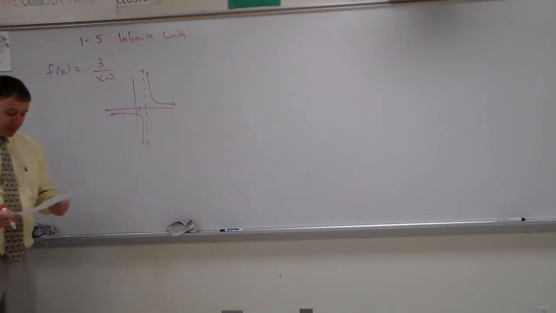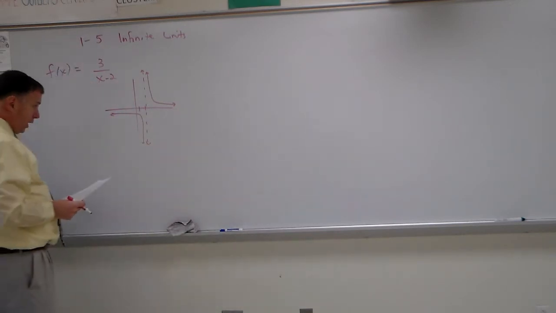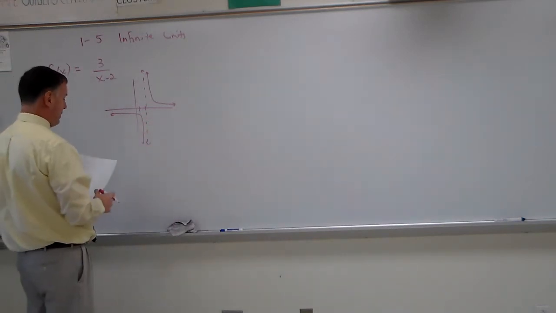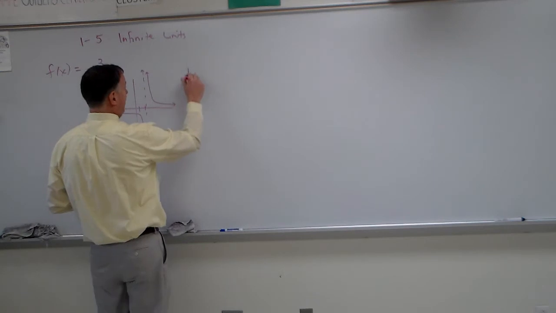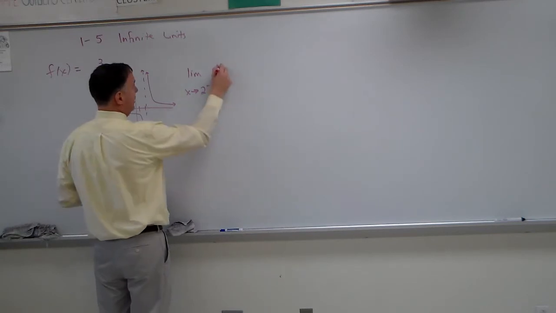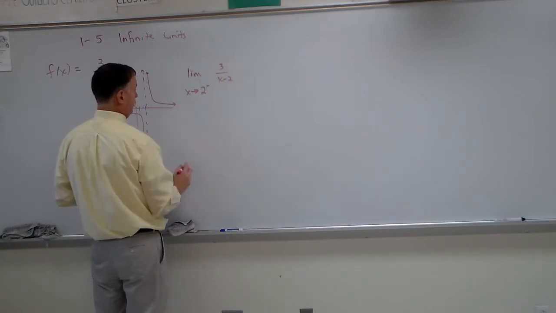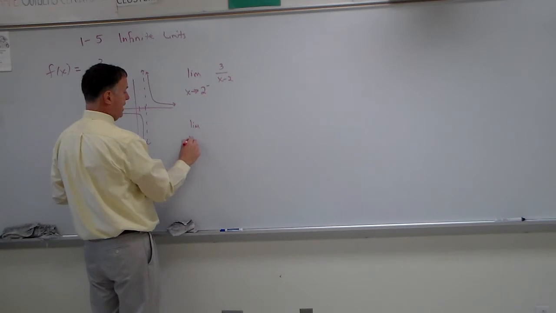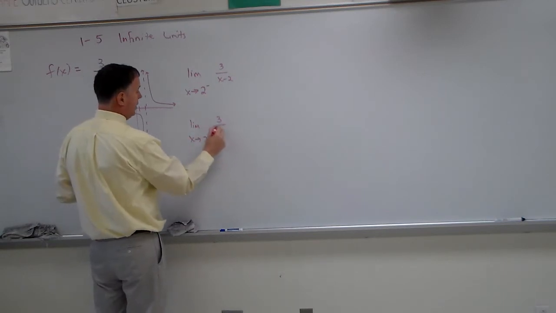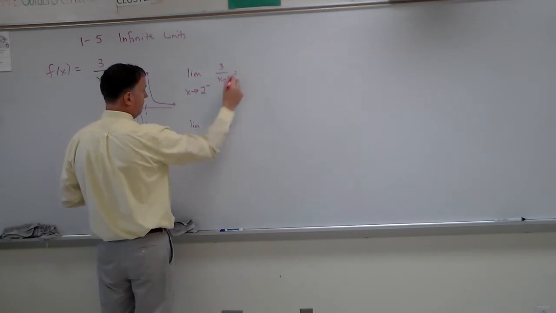So we're going to look at the one-sided limits. The limit as x approaches 2 from the negative side of 3 over x minus 2, and then the limit as x approaches 2 from the positive side of 3 over x minus 2.